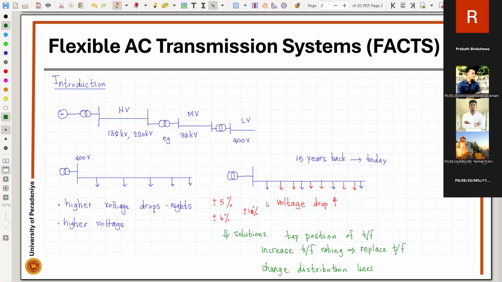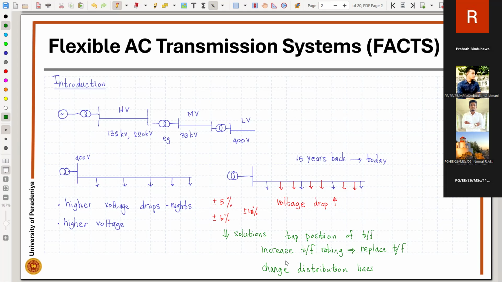So the cable rating may be limited. So even though we can change the transformer, we won't be able to increase because of the cable rating.